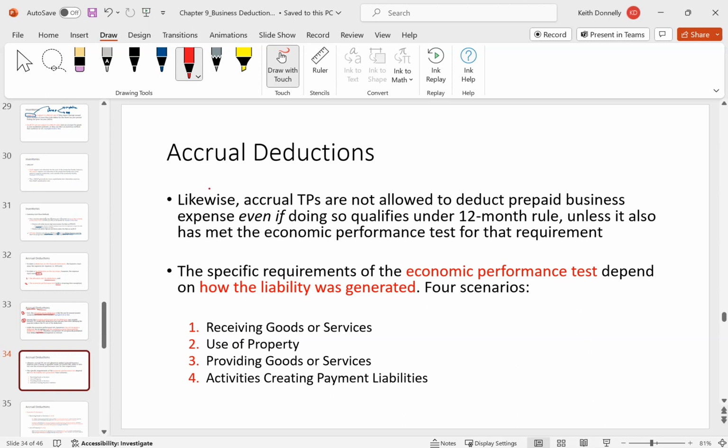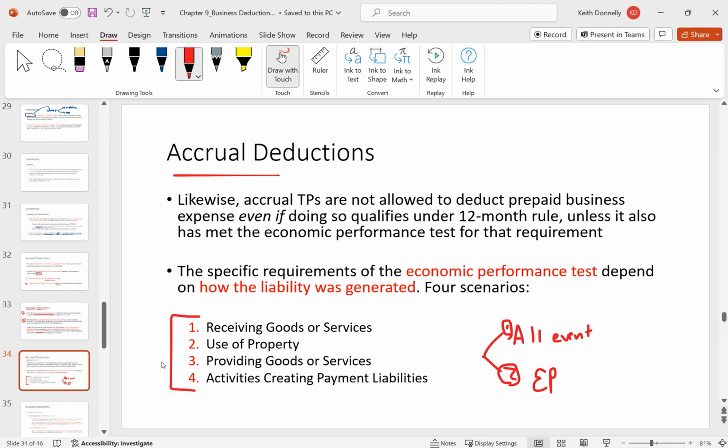So an accrual method taxpayer wants to take a deduction. We know we have to, one, meet the all events test, and two, meet the economic performance test. When do we meet the economic performance test?